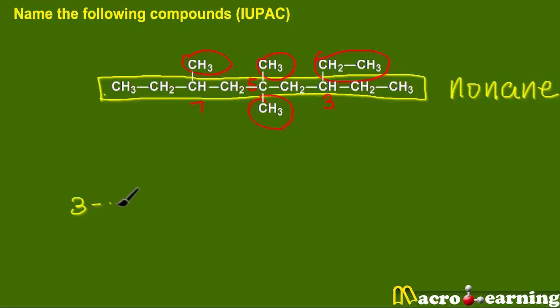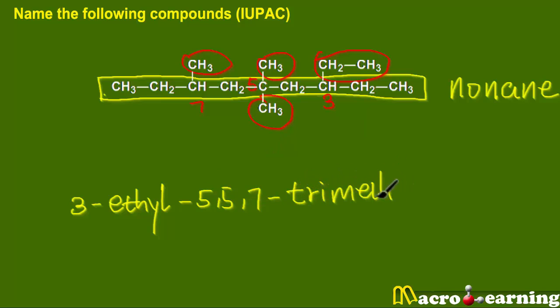It's 3-ethyl. Three methyl groups, 2 on the 5th carbon and the other one on the 7th carbon. So it's 5, 5, and 7. 3 methyl groups, so it's trimethyl nonane.